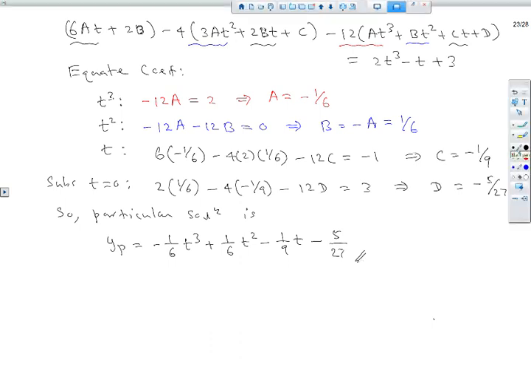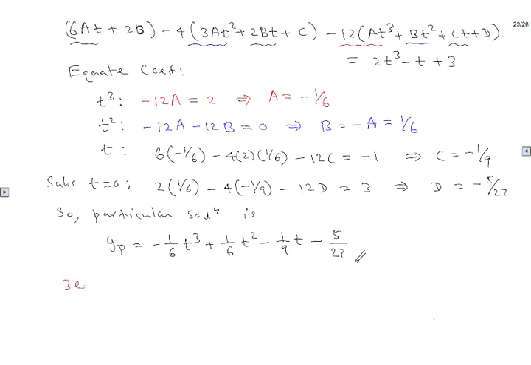What we did so far was, the first case, when we had 3e to the 5t, you assume a solution a e to the 5t. The next one had a sine 2t term, so you assume a sine 2t plus b cosine 2t.